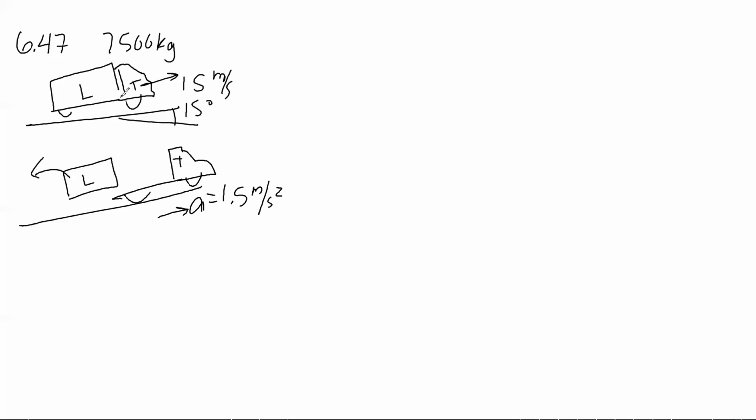Not because the load is pushing on the truck, the load is falling off. If you can imagine, we were pushing hard on the gas to move up this heavy object. Once it accidentally falls off, our foot is still on the gas, and so we have this large acceleration. We're asked to find the mass of the truck.